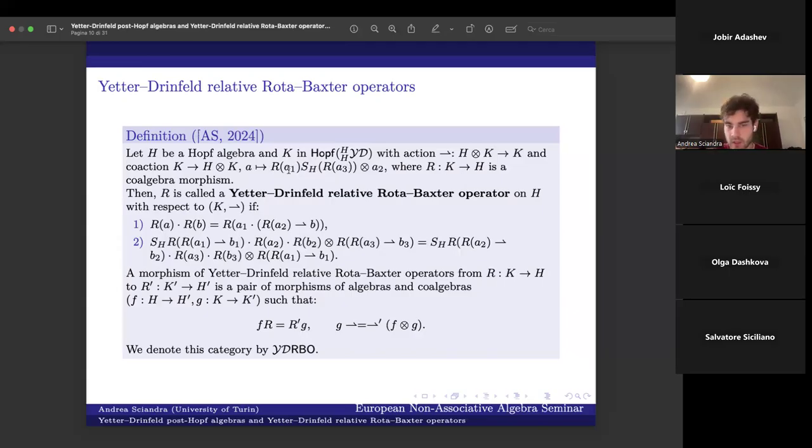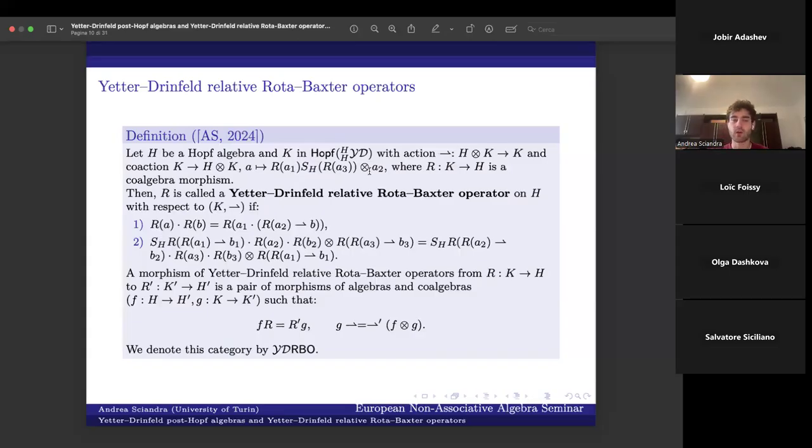So we are substantially just using the adjoint coaction of H through a morphism R, which is a morphism of coalgebras. So H is a Hopf algebra, R is a morphism of coalgebras, and K is also a Hopf algebra in the category of Drinfeld modules with an action and this coaction here.